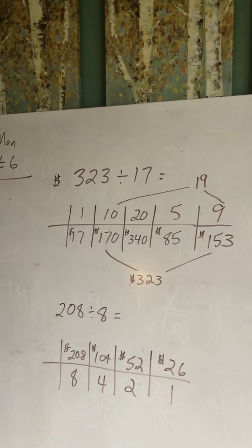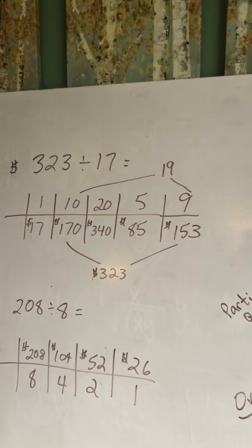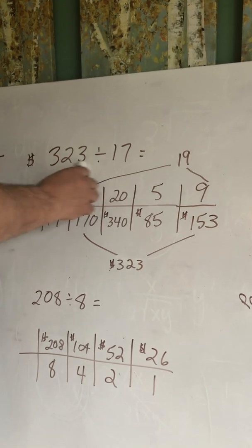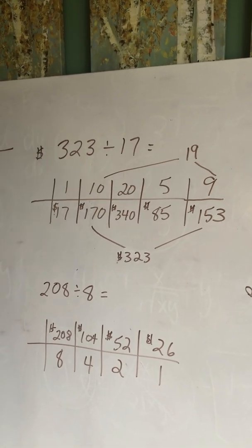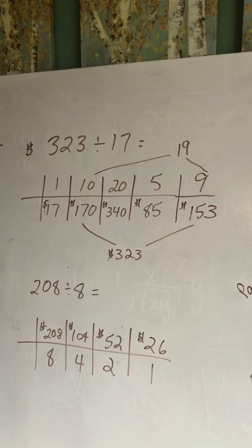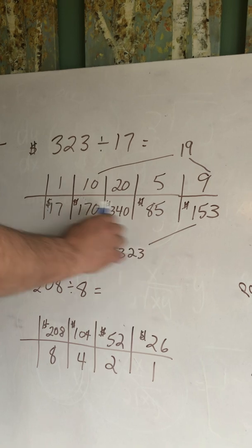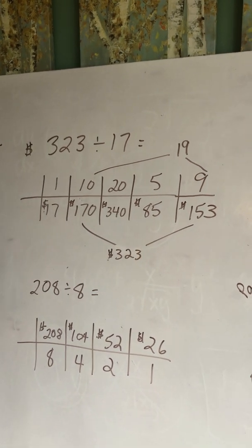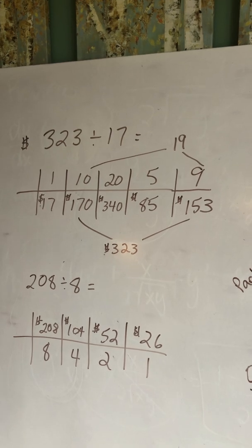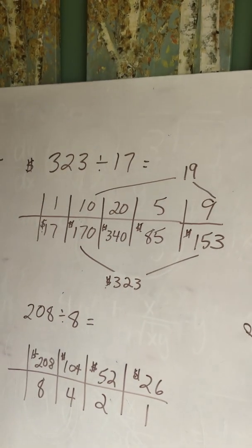In your math today, in your student book, you're doing a lot of dividing money, okay? In the teacher's manual, it says 323 divided by 17. What the book and I did is make a ratio table with 1 to 17. This is a times 17 ratio table, whatever we put in the top times 17.